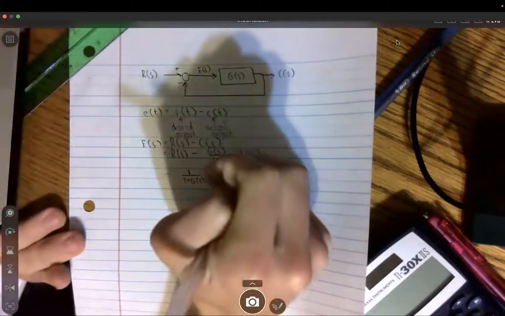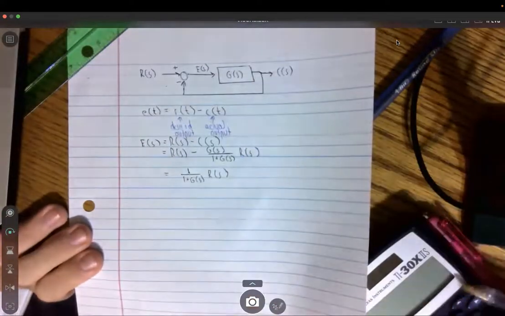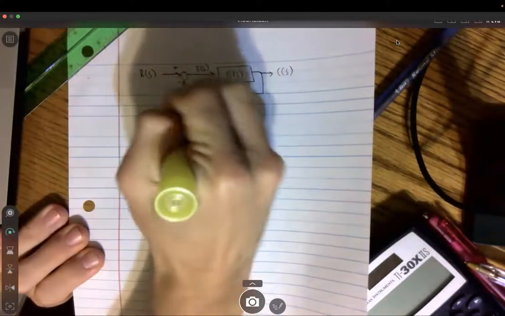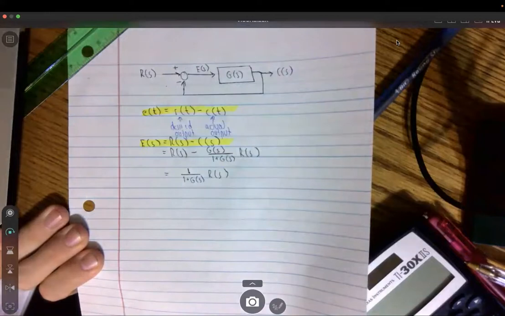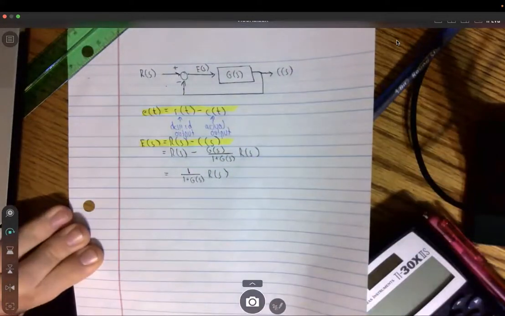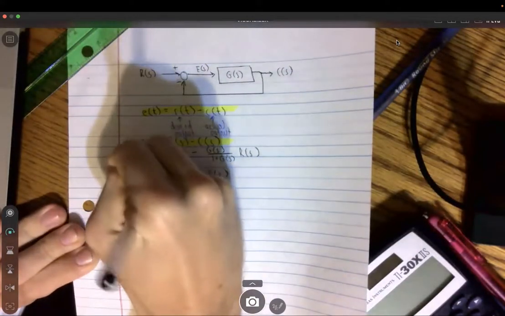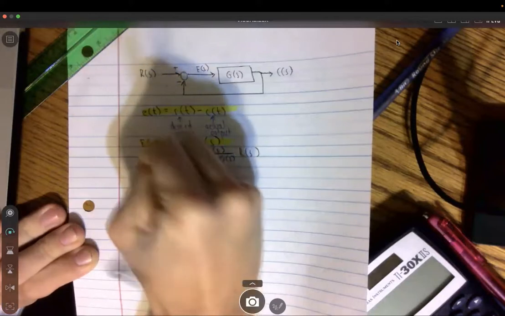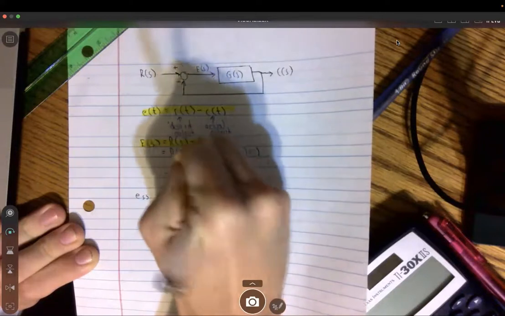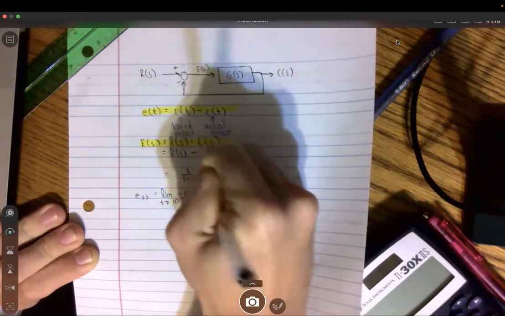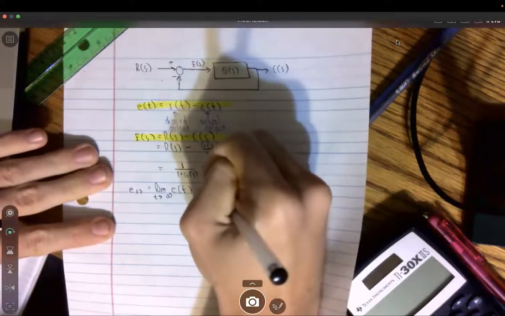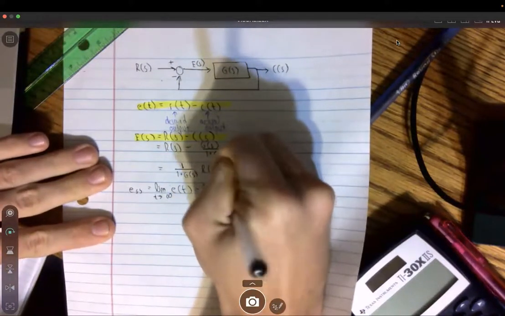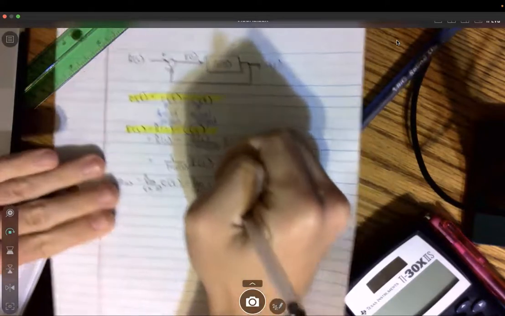And so the big thing to notice from here is that the error is defined as the following in the time domain and then the equivalent in the frequency domain. But your steady state error is defined as the limit as t goes to infinity of E of t, which is the limit as s goes to 0, using our initial value theorem, of s times E of s.